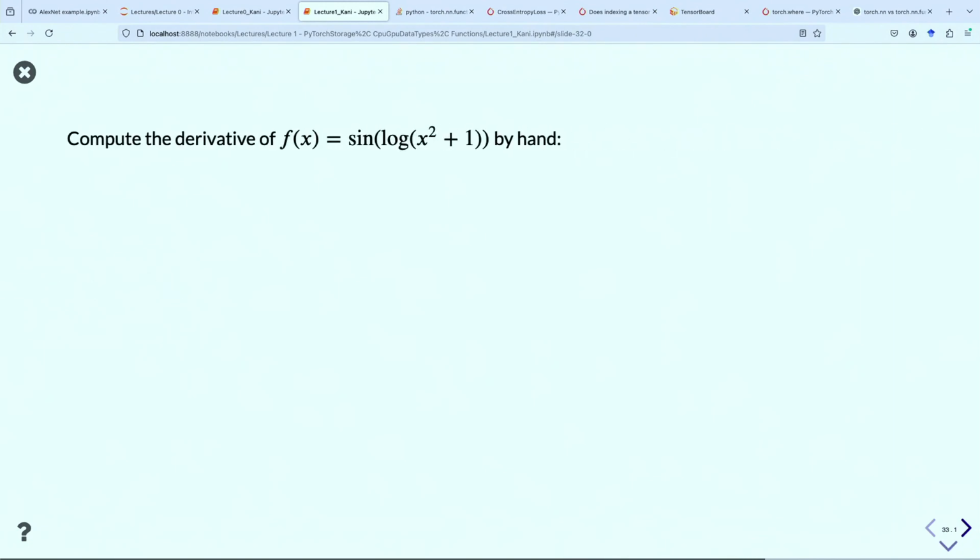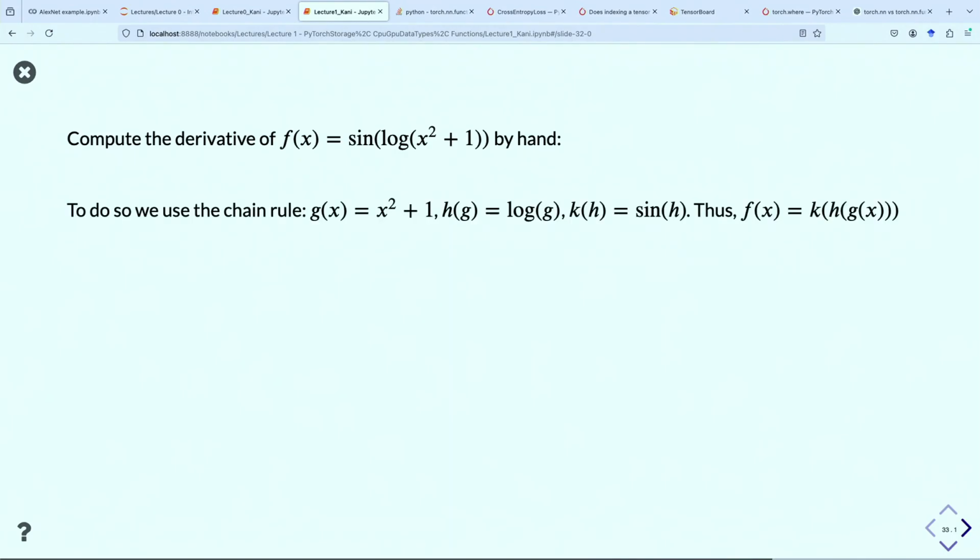I'm sure all of you have taken Calc 1 or 2. So in order to compute the derivative of f of x by hand, we simply need to redefine each of these functions. We could abstract them by saying the innermost function is g of x equals x squared plus 1, h of g is equal to log g, k of h is equal to sine h, and so on and so forth.